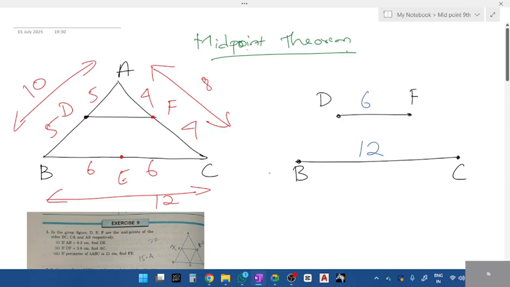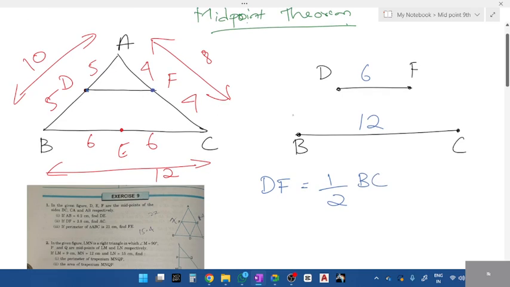So the statement here, which is greater, students, DF or BC? BC. Fine. Which is the midpoint line here? Which is the midpoint line? DF is the midpoint. Right? So according to DF, you have to write the statement. Is DF half of BC or double the BC? DF will be half of BC. See, when I substitute, imagine BC is not given.